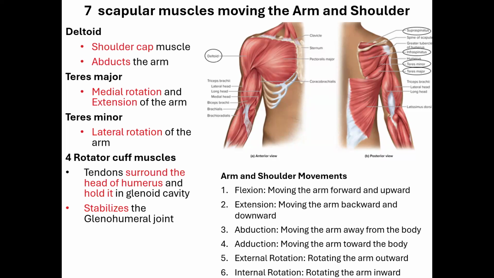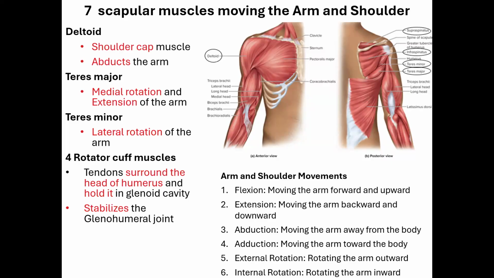And I told you it's a narrow or shallow joint, which means you have a lot of movement, but it can easily dislocate. So that's why the shoulder dislocation is very common. So it is a very shallow joint. So the head of the humerus fits into it. It's okay, but it's not very stable.